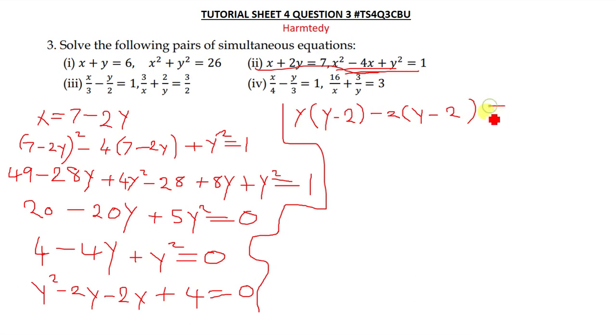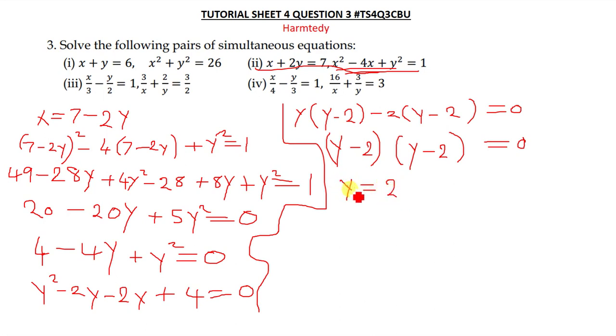Then this is going to be equal to 0. So this will now just be y minus 2 and another y minus 2 being equal to 0. So meaning our value of y is simply equal to 2.